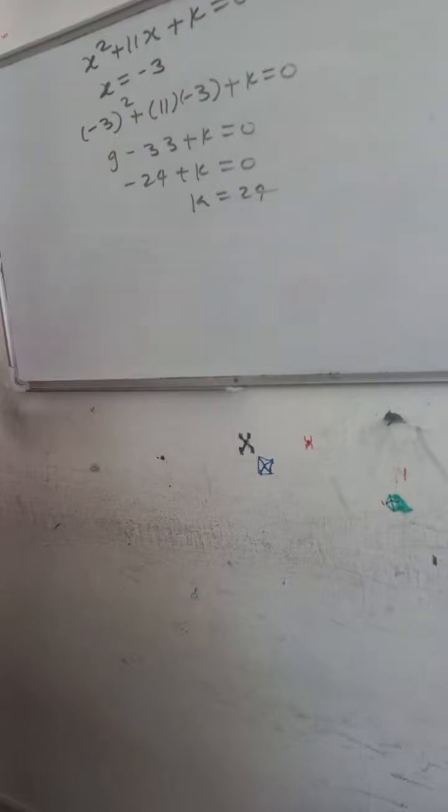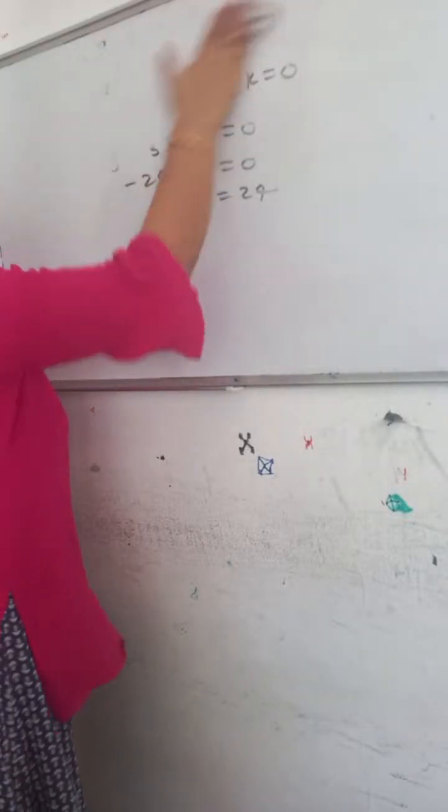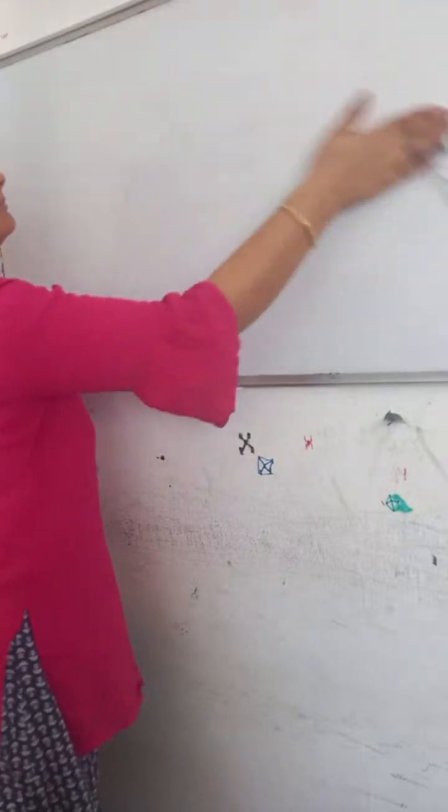Write down next question. If alpha and beta are the zeros of p of x is equal to x square plus x minus 1.